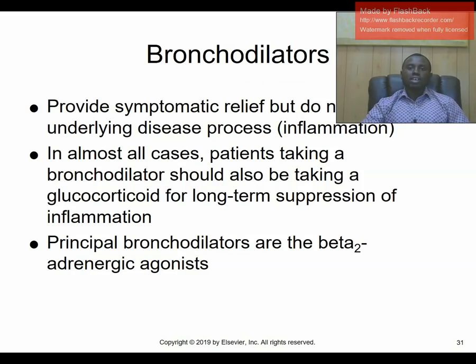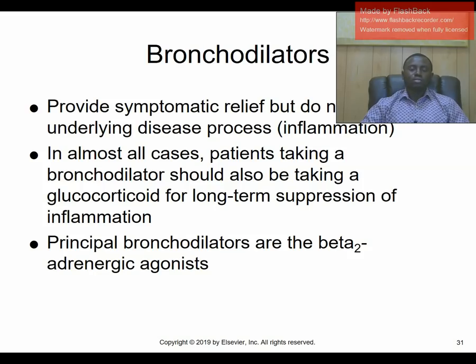The next class of medications that we are going to talk about are bronchodilators. So we have been talking about anti-inflammatories. Now we are going to talk about bronchodilators. Bronchodilators provide symptomatic relief in patients with asthma, but they do not alter the underlying cause or process of inflammation.